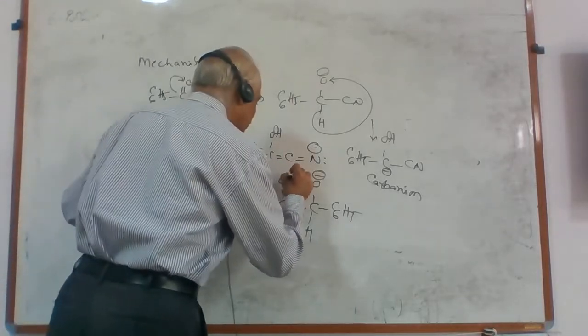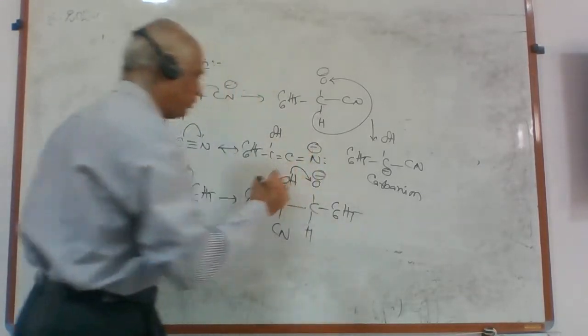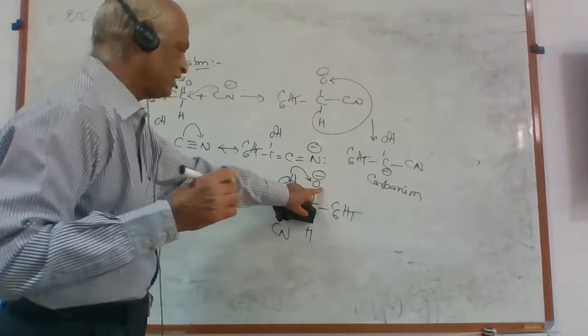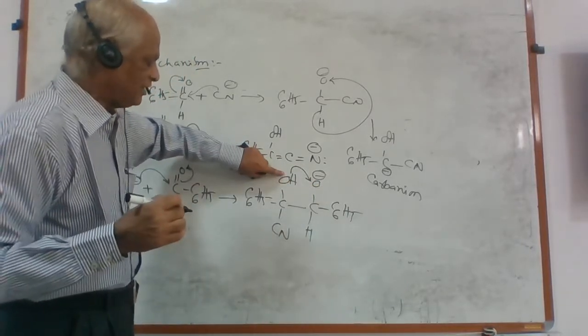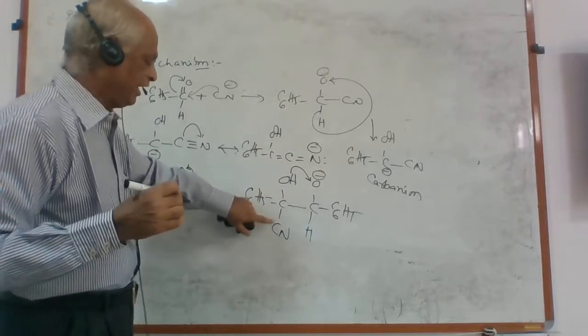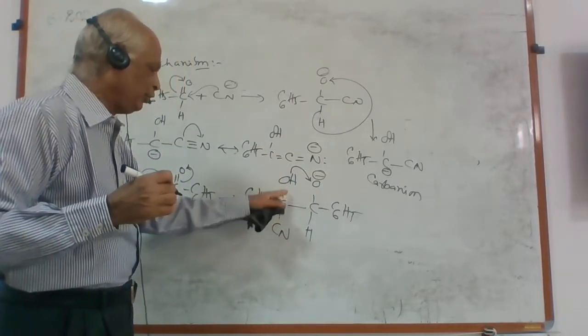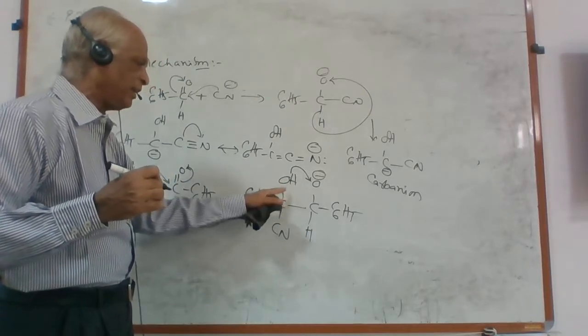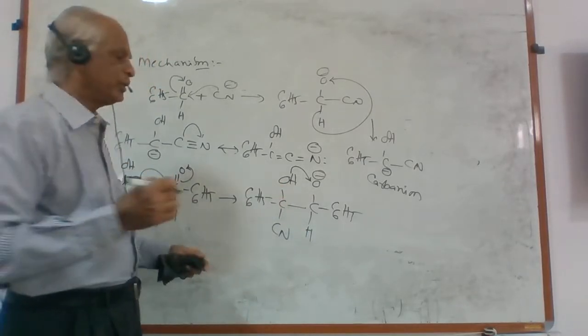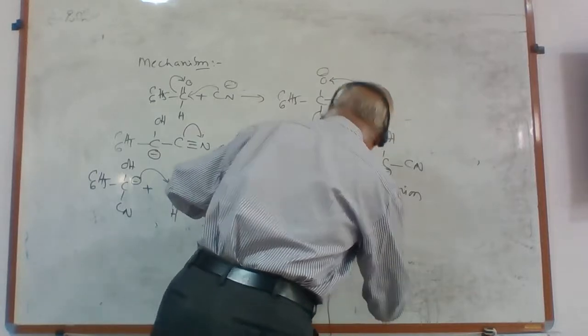Therefore, I have to transfer this hydrogen as a proton onto this oxygen atom, so that this oxygen atom gets a negative charge. Then if the CN group is removed as cyanide ion, you get a double bond between this carbon and oxygen atom. That is how you complete your benzoin condensation reaction.